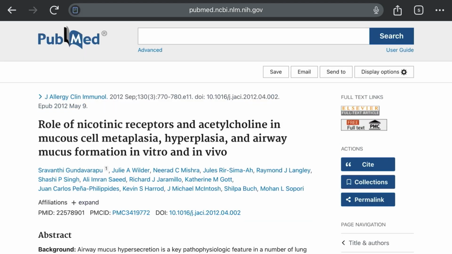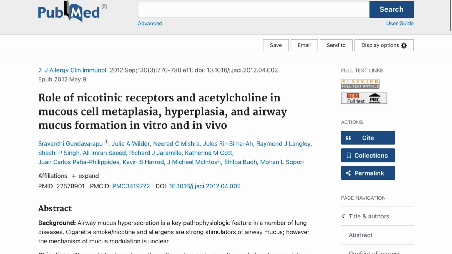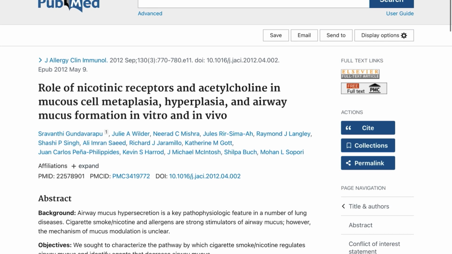The next paper that I found is this one, which was published in 2012. They also found the expression of alpha 7 nicotinic acetylcholine receptors in mucus producing cells.